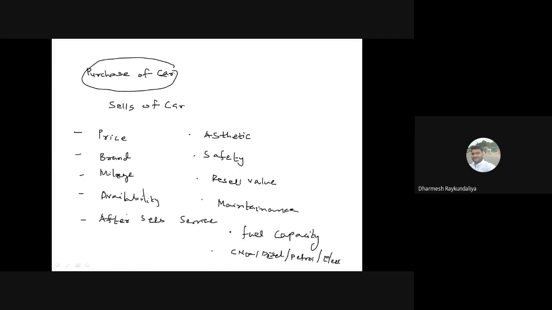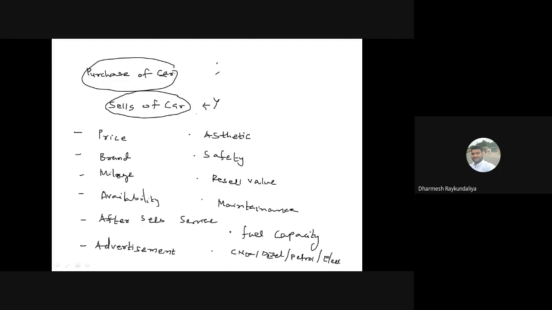Then how will you know whether the car is available, which car is launched by the company? That is due to the advertisement. So when the company wishes to study the sales of a car, this is my dependent variable.